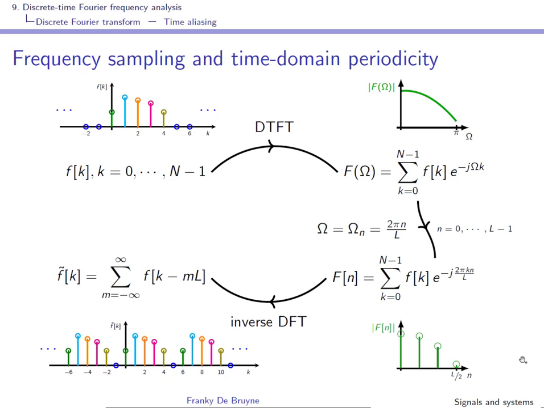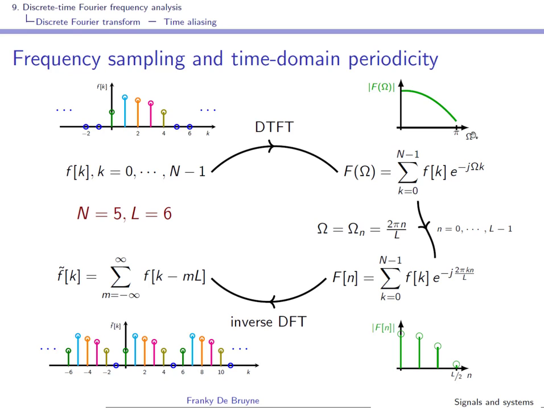You see that this signal is repeated every L. So you take the motif and then you shift it by mL, and this is how you obtain this f tilde. But what is important is that f tilde is now periodic, and what could happen if L is not chosen correctly is that you have superposition of the motifs in f tilde, and this will be time aliasing.